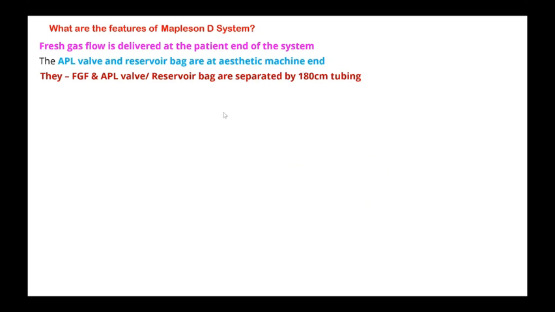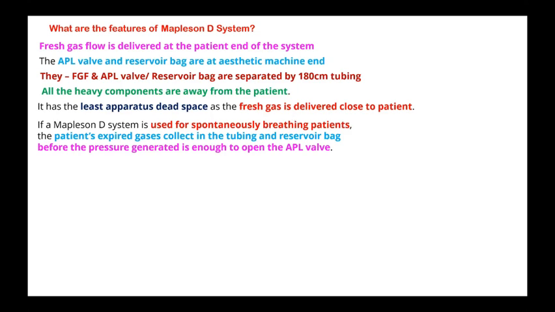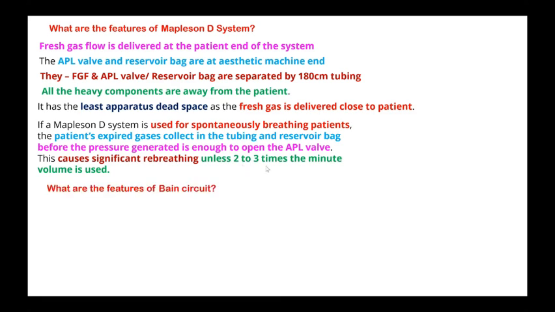It is not close to the patient, and usually the tubing length is about 180 centimeters, and all the components are away from the patient. Since the fresh gas is delivered close to the patient, the dead space is also very low. It was previously used mainly for spontaneous breathing, but it causes significant rebreathing unless you use 2 to 3 times the minute ventilation.